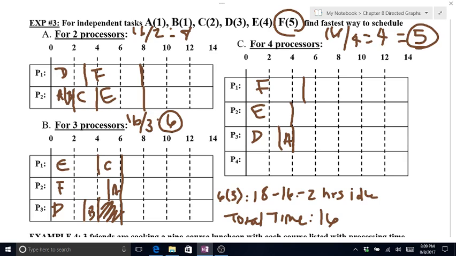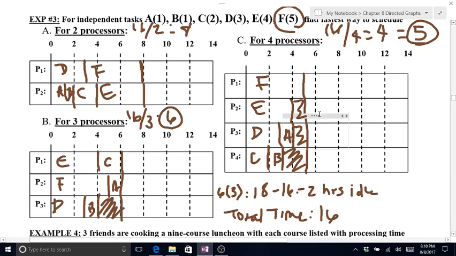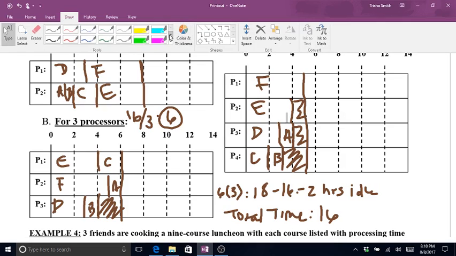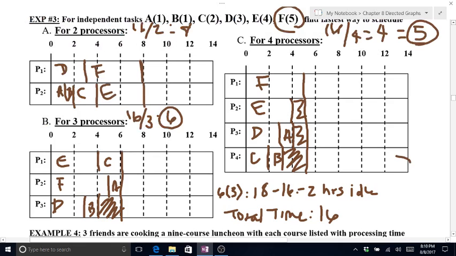And C and B together. C takes 2 minutes, B takes 1. So 1, 2, 3, 4 idle. So let's see, 5. 5 times 4, that's 20, minus 16, we got 4 idle.